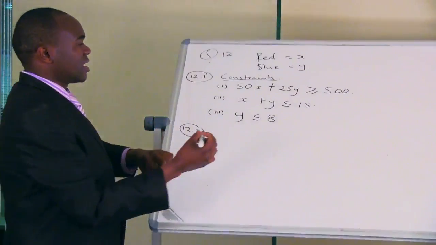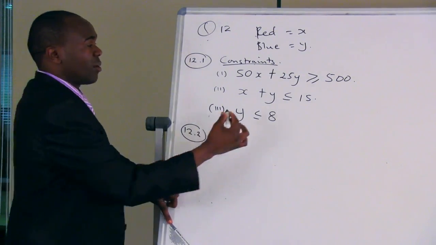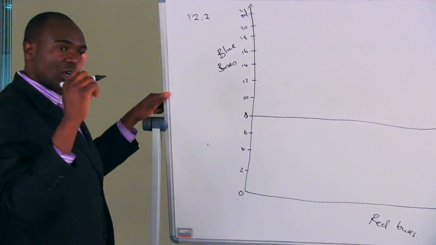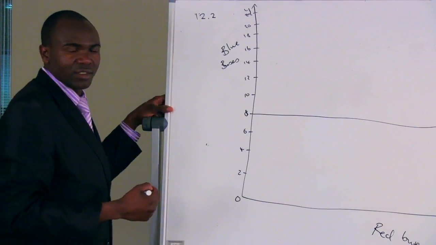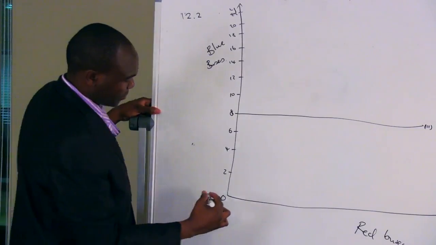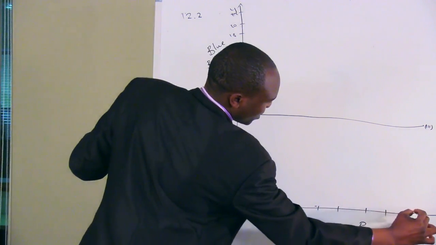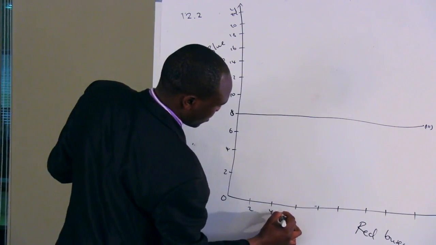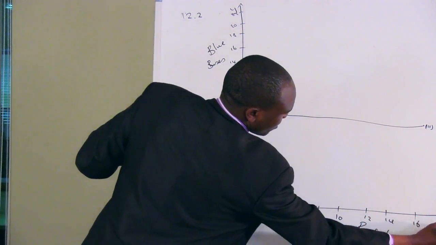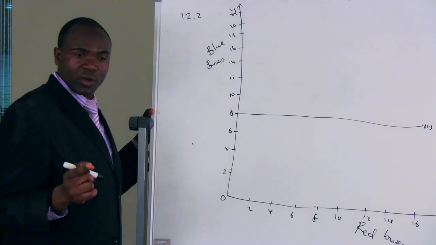And then this other one, x plus y is equal to 15. Alright, how do you draw it? It's very simple. When you are drawing them, just say when x equals 0, what is y?